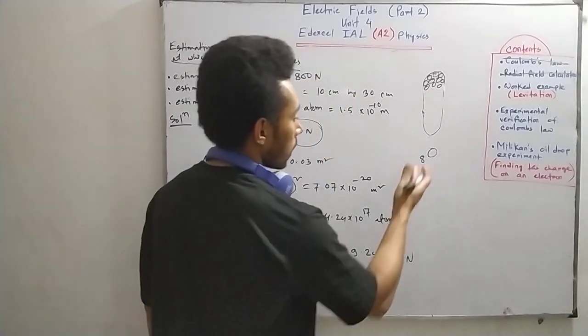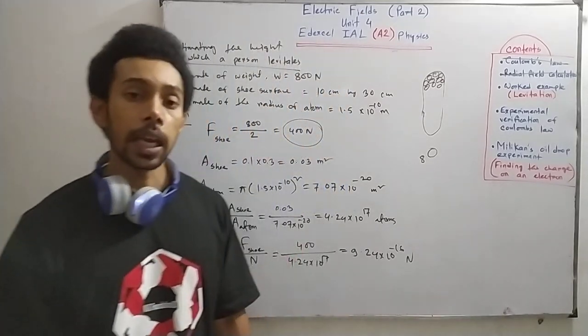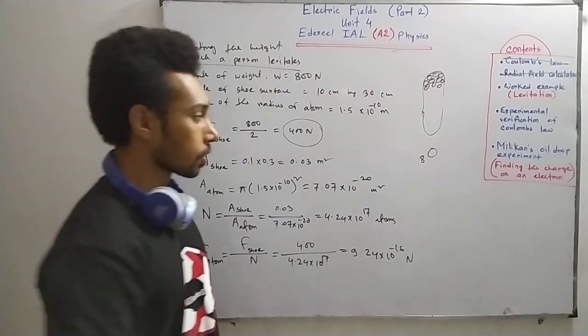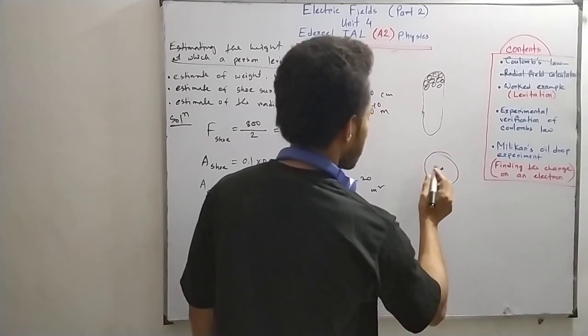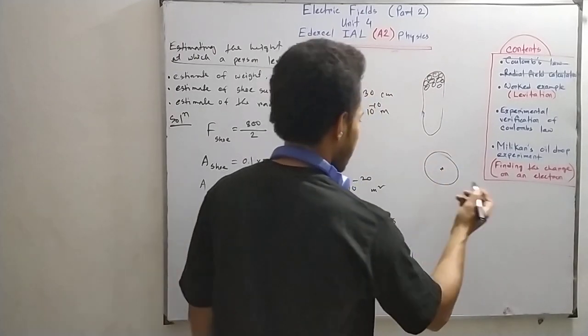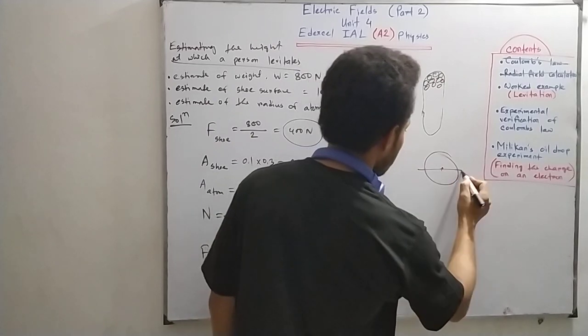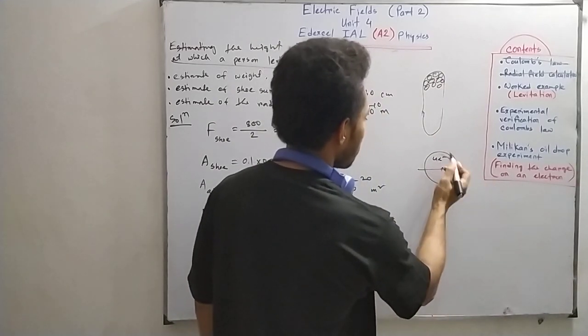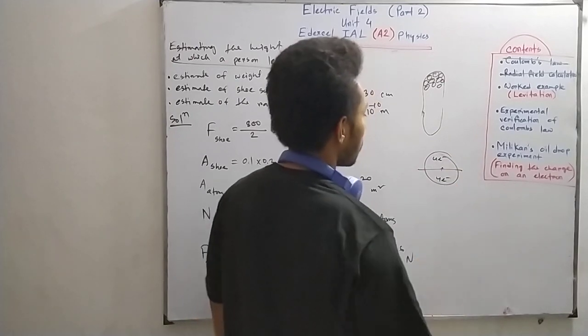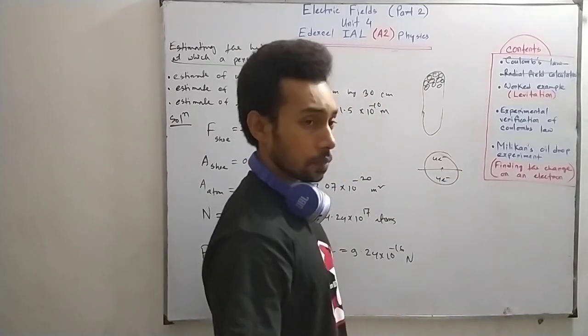So it has 8 protons, therefore 8 electrons, and we can consider for any atom there is the nucleus, and at a given point, if the atom has 8 electrons, 4 electrons will be here and 4 electrons will be there.